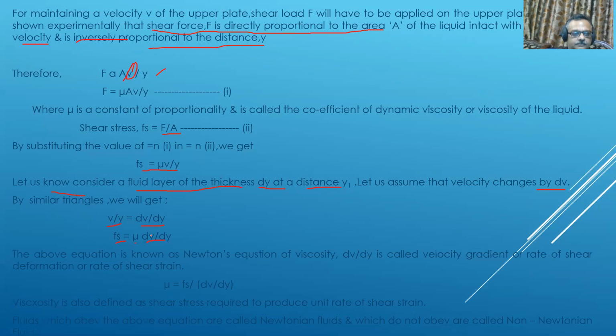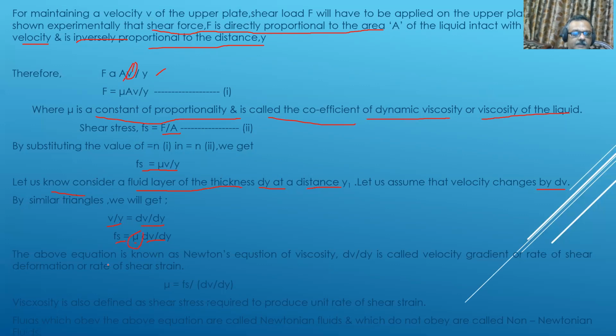So what is mu here? The constant of proportionality, called the coefficient of dynamic viscosity or viscosity of the liquid.